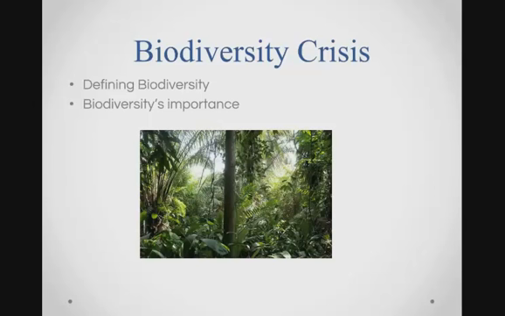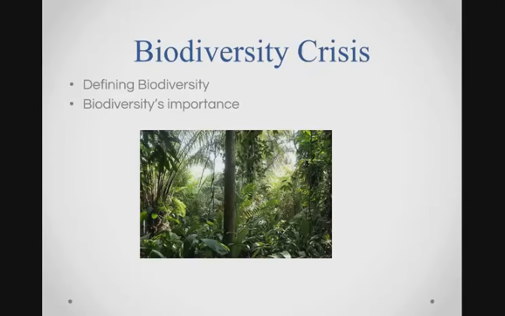And so when we talk about a biodiversity crisis, that just means that because of human impact on our planet, a lot of the species of organisms that exist out there are being impacted and possibly going extinct because of human actions. There've been about 5 big mass extinctions throughout geologic time, and about 99% of all the different species of organisms that have inhabited our planet since its beginning have gone extinct.